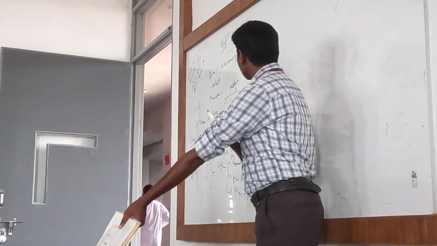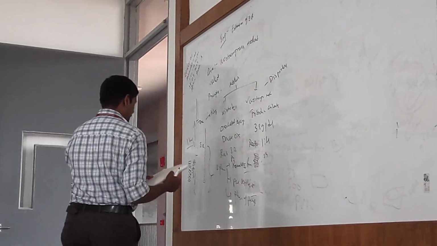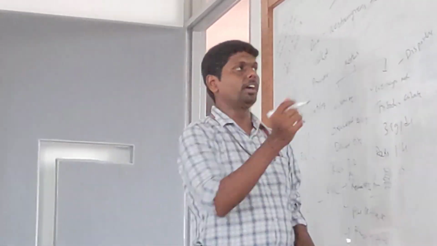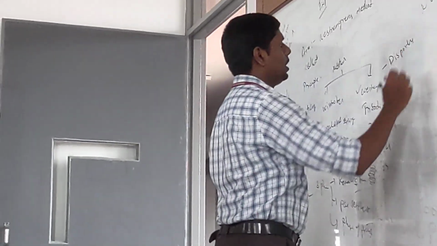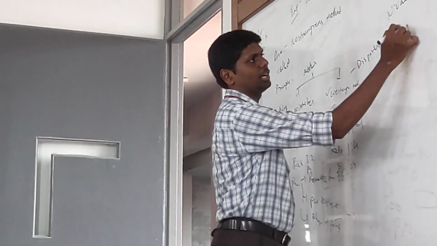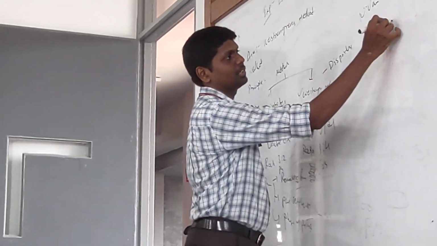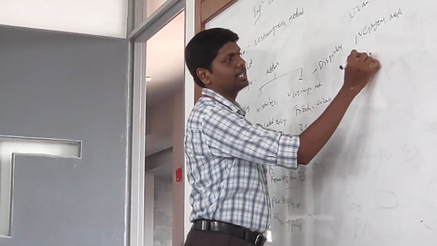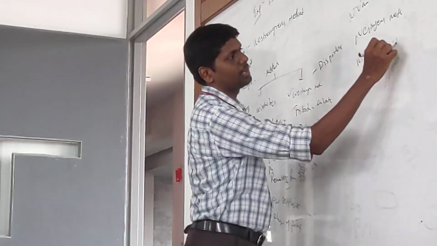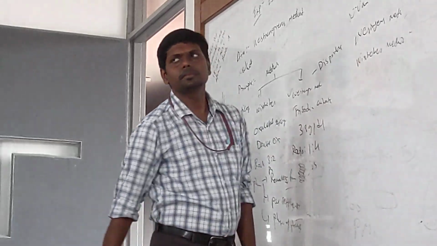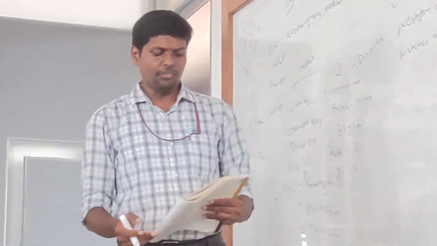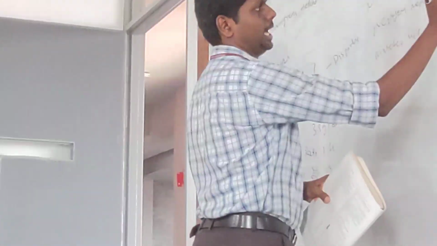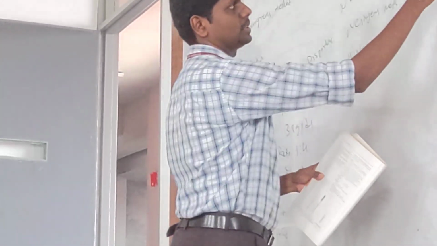And what else do we need in this test? Write down the normal values, very important. Normal values in Westergren's method and Wintrobe's method. First, Westergren's method normal values, males and females.